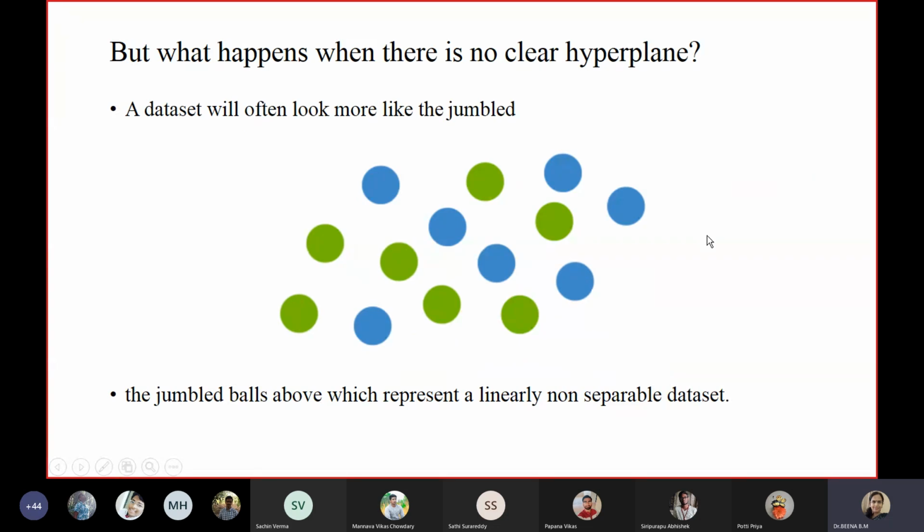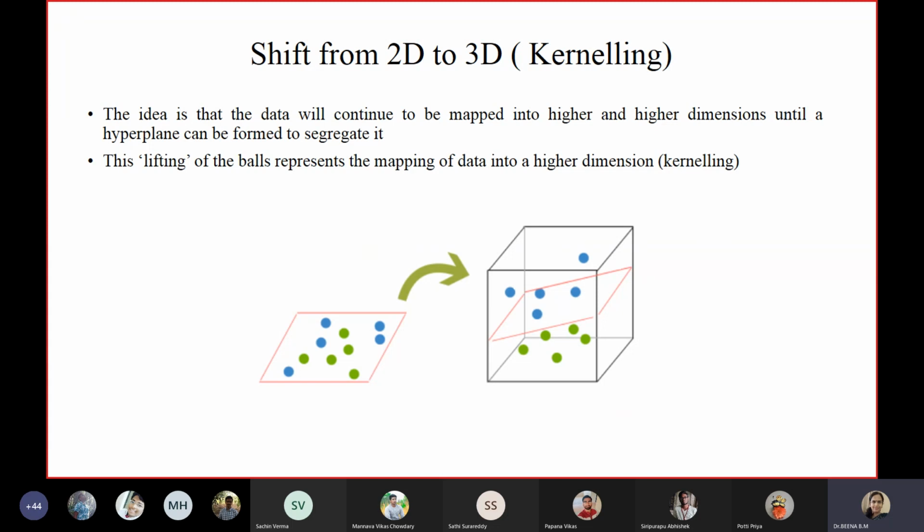But if the data is totally jumbled, we go for three-dimensional data. To categorize the classes into different groups properly, SVM moves from two-dimensional to three-dimensional. A hyperplane in two dimensions is just a line, and in three dimensions the hyperplane becomes a plane, right? It's just a plane.